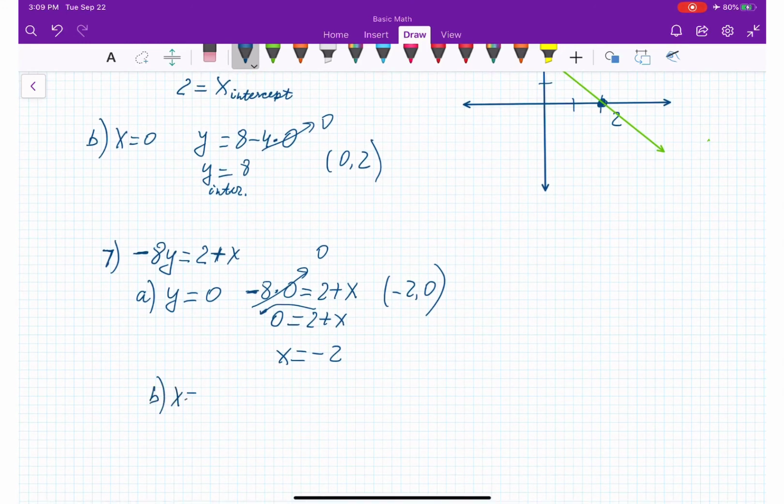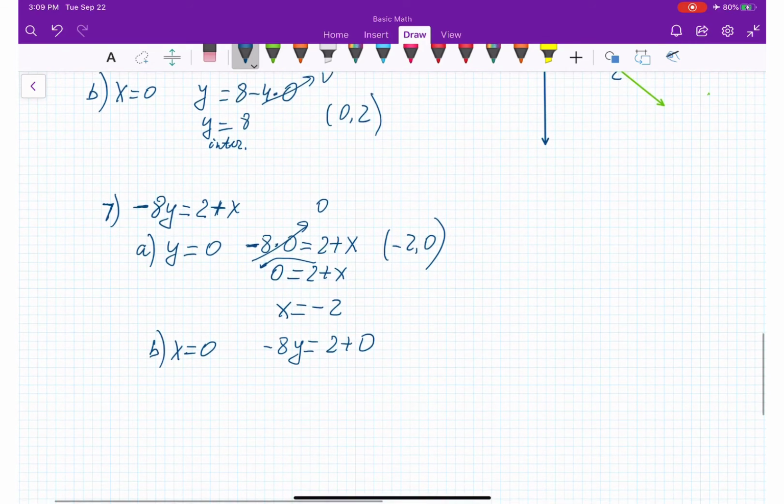Second one, x is equal to 0. Okay, let's find the y coordinate. So negative 8y is equal to 2 plus 0. Okay, so negative 8y is equal to 2, and we divide by negative 8.